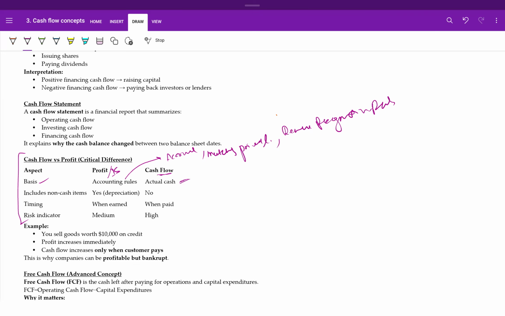When we talk about non-cash items, the income statement, or the profits of the organization, includes non-cash expenses such as depreciation, amortization, and other provisions. These expenses reduce the profit without any cash leaving the business.